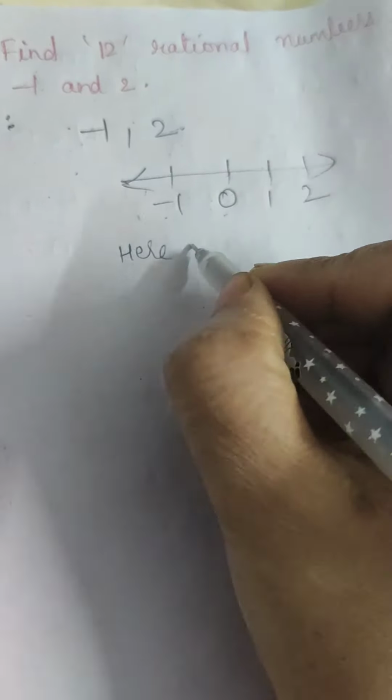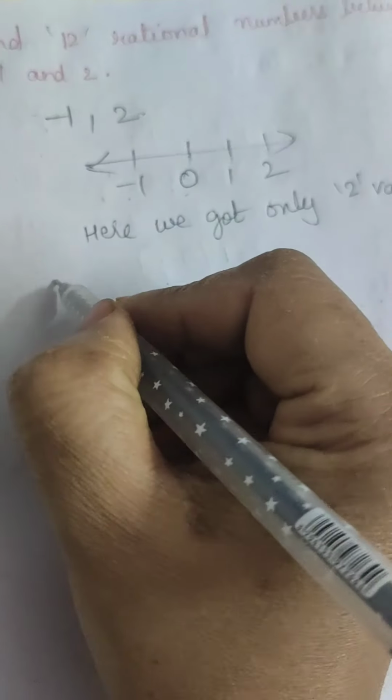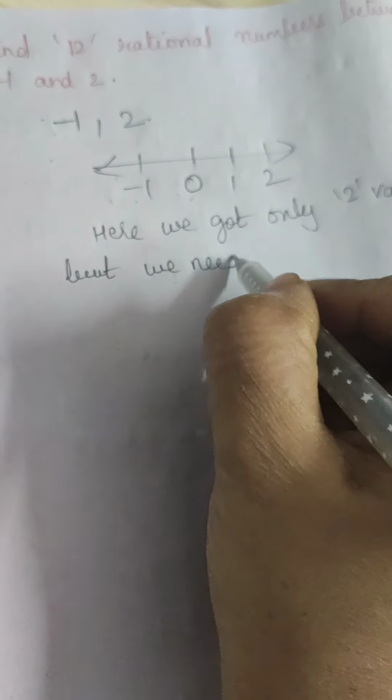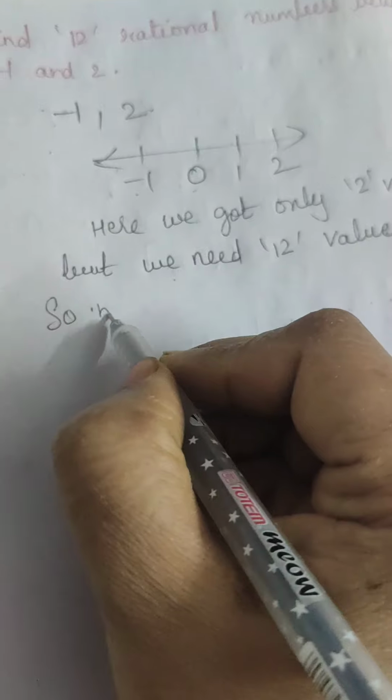Here we got only 2 values, but we need how many values? 12 values. So what should we do?